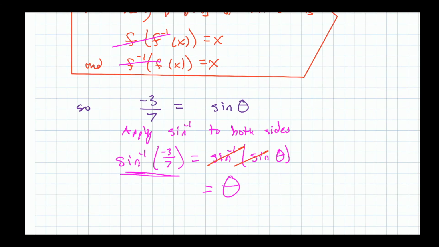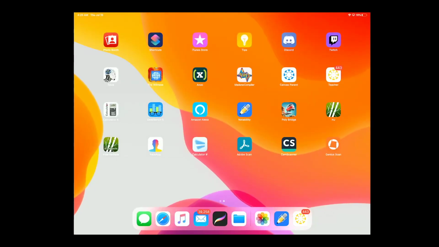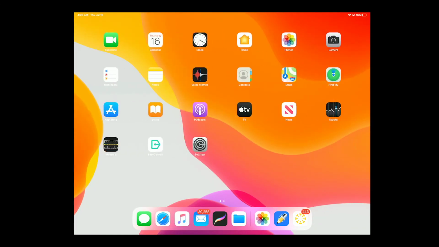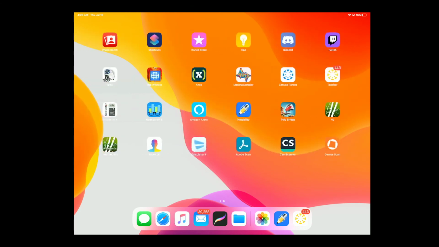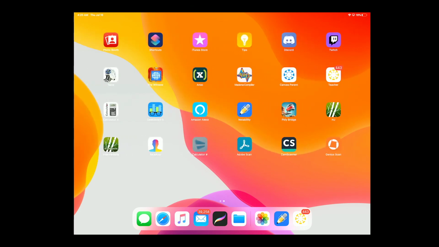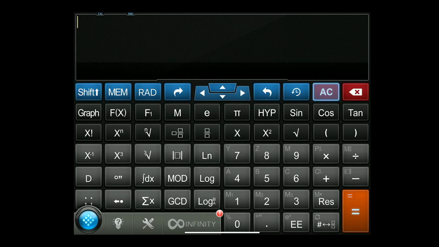Now this right here, how are you going to get it? Well, that's where you need a scientific calculator. You need to do sine inverse of -3/7. Okay, so you just grab a calculator here. Click to clear this. So you just go sine inverse.